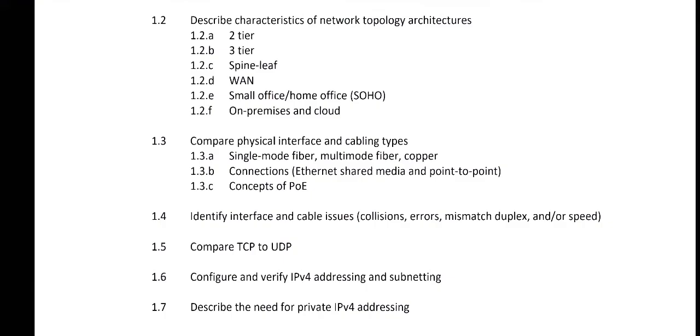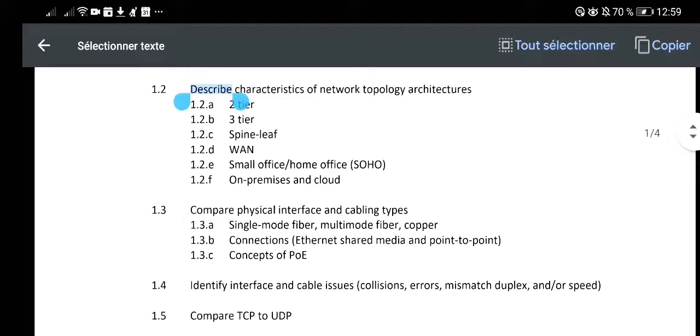Wide area network, how is the internal network connecting to the internet, for example, to the WAN. You need to know NAT, network address translation, port address translation. And here it says describe, so you will find a deeper understanding type of questions for that one.